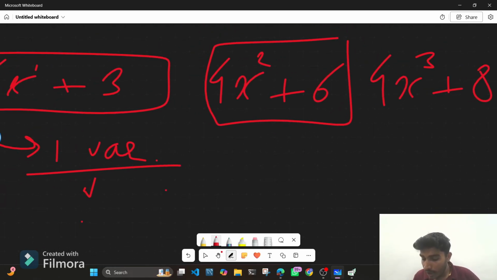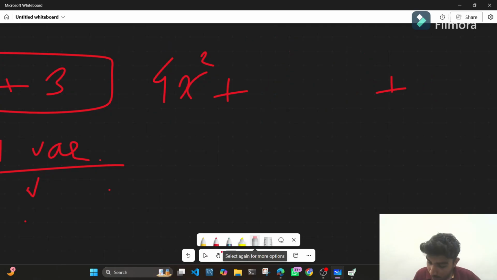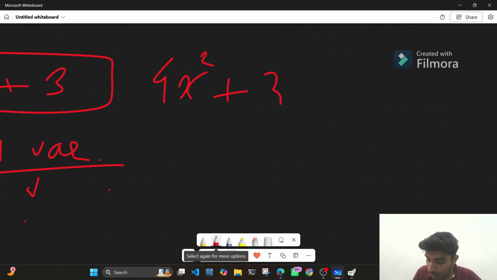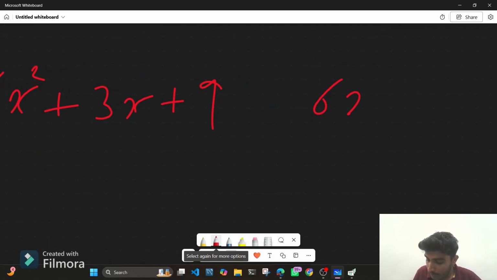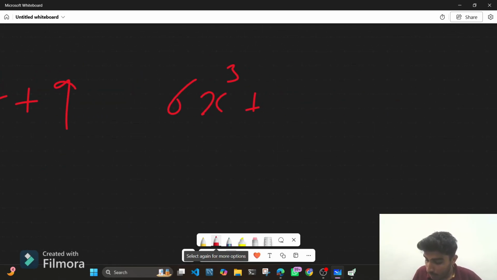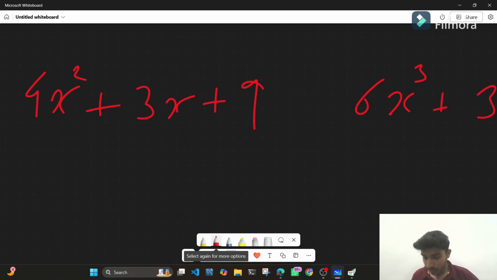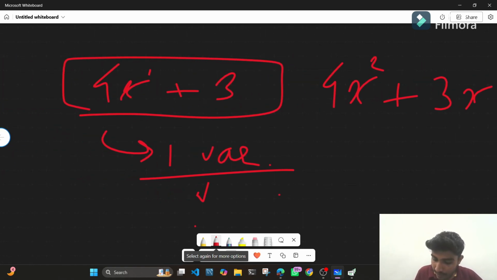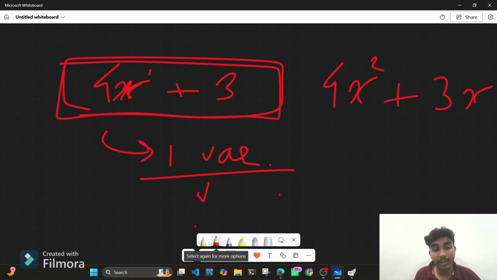Let me take some other examples: 4x square plus 3x plus 9, and 6x cube plus 3x square plus 4x plus 1.